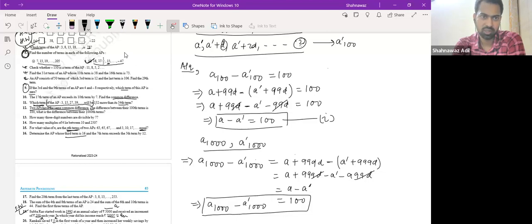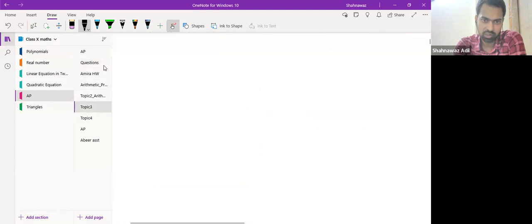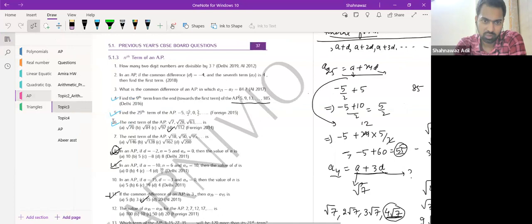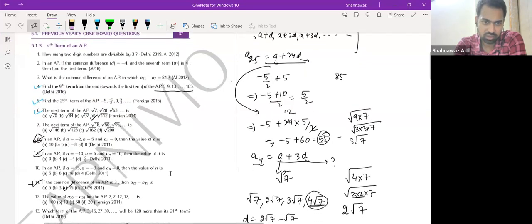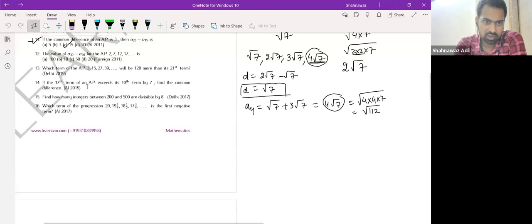Okay, so let me give you guys some homework first and then you guys log into your account and take that test. So this is topic 3. This was the previous question. Find how many integers.